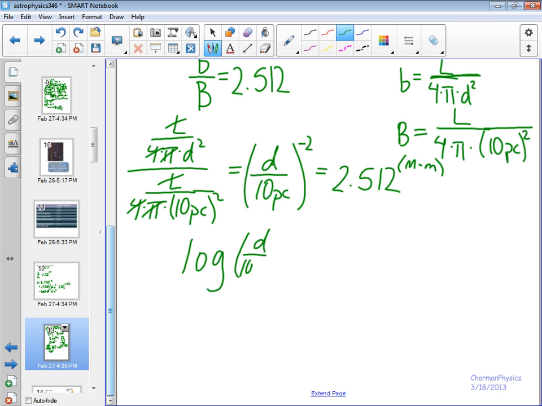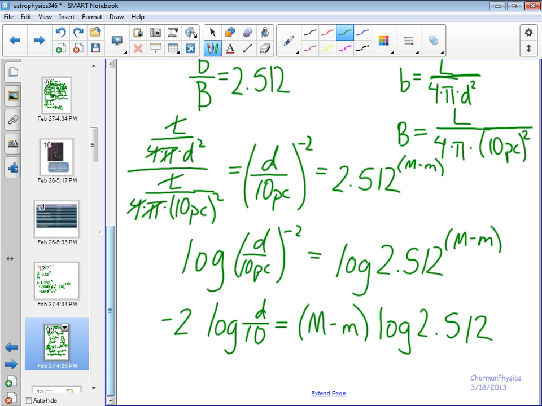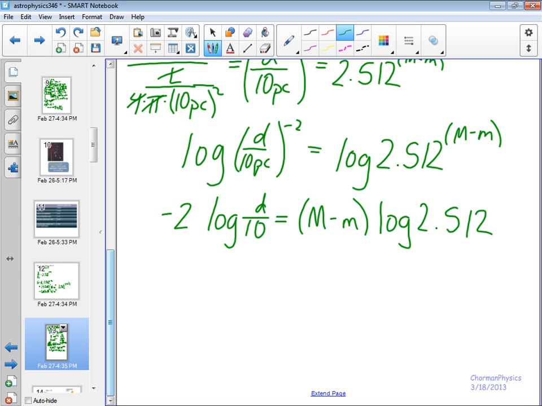If we take the log of both sides here, negative 2 log of D over 10 is equal to big M minus little m times the log of 2.512. And we do a little bit more arranging here.